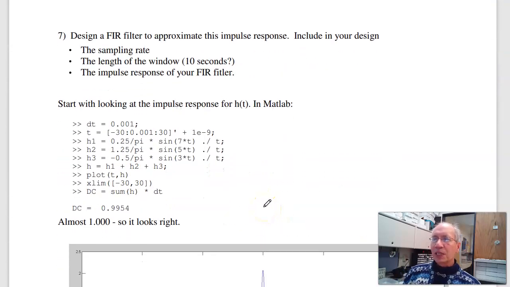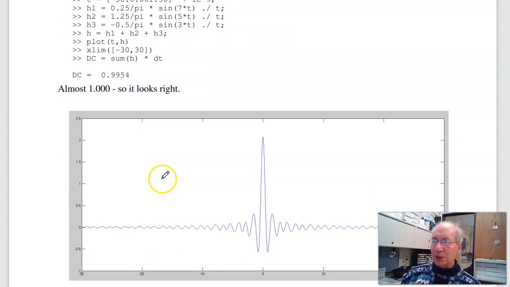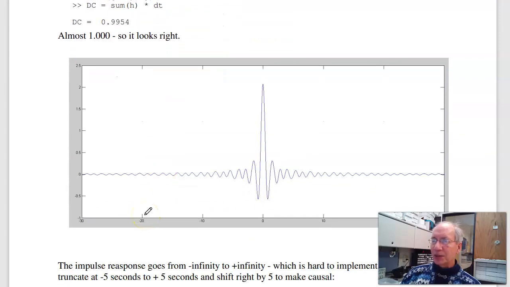That allows me to design my FIR filter. I just add all three of these up, and that's my impulse response. If I plot the impulse response, let's plot t versus impulse response, that's what she looks like. This should go from minus infinity to plus infinity.